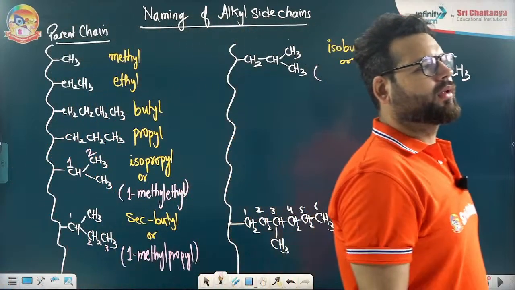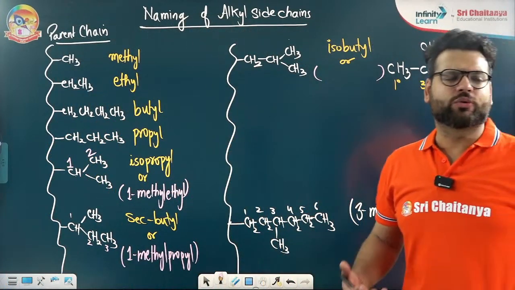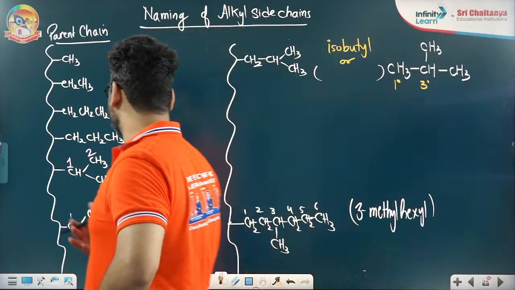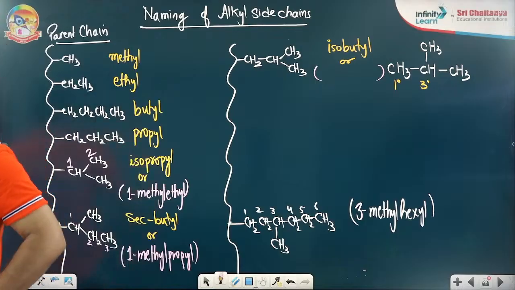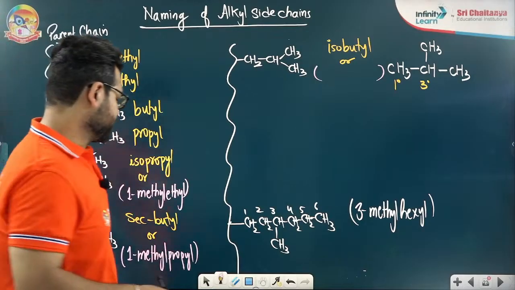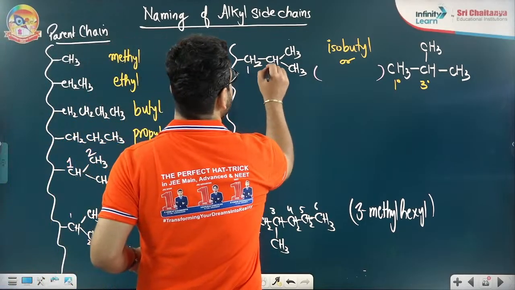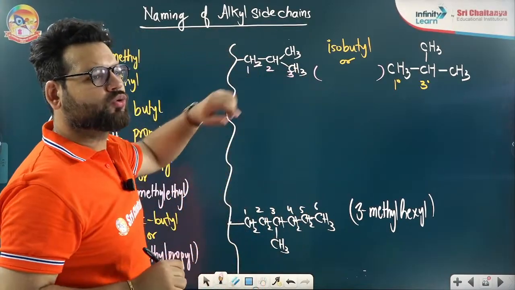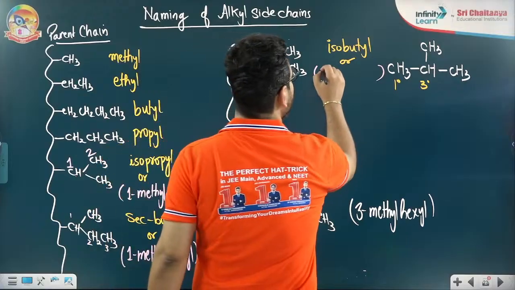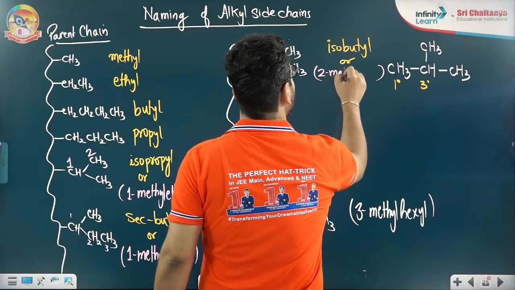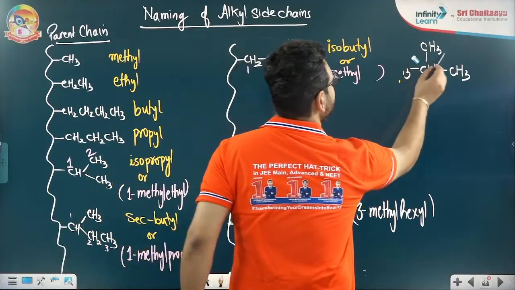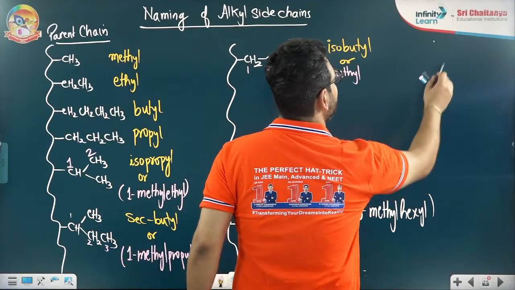What would be the bracket name of isobutyl? First, second, third. It's a propyl. Yes, 2-methyl propyl. Good, Anu.